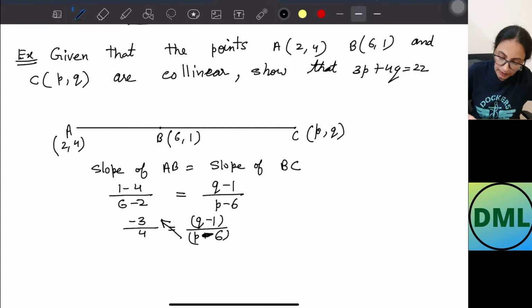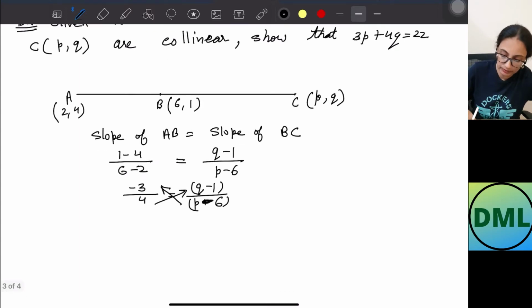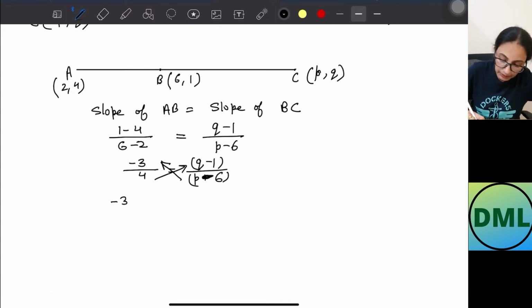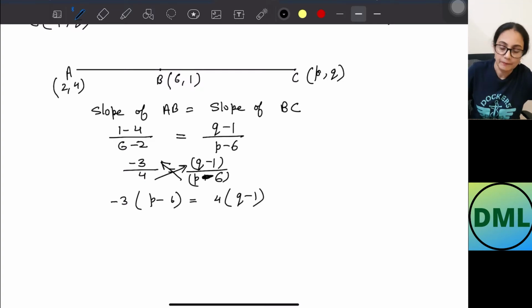What am I going to do? I am going to do cross multiplication here. So minus 3 bracket p minus 6 is equal to 4 multiplied by q minus 1. Now open the bracket. It will be minus 3p plus 18 is equal to 4q minus 4.